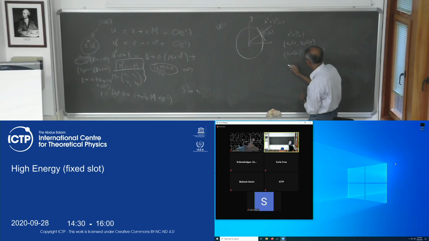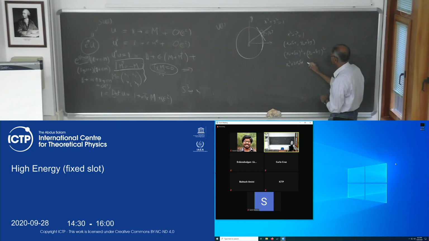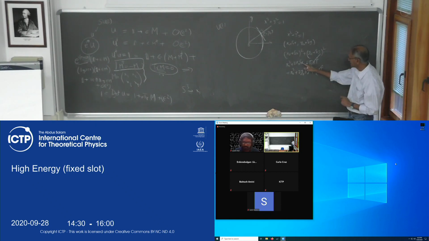This becomes x naught squared plus 2 x naught delta x, plus y naught squared plus 2 y naught delta y. I forget about delta x squared and delta y squared because these are very, very small.